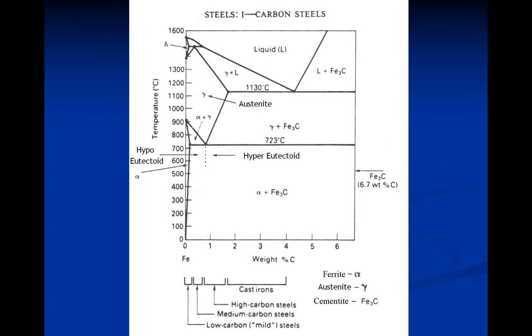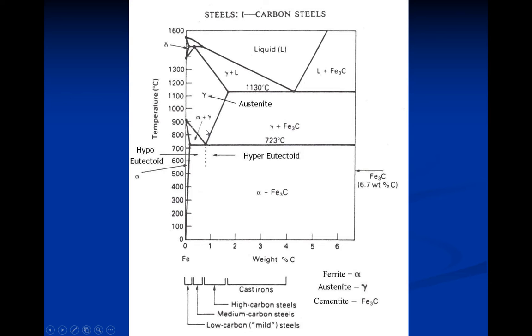Maybe use a little better diagram because it uses a number of labels that we need to learn. So again, here's your austenite boundary. Fe3C is an intermediate compound. It's 6.7 weight% carbon, so this is a vertical line. Remember, intermediate compounds are phase regions that have no width.